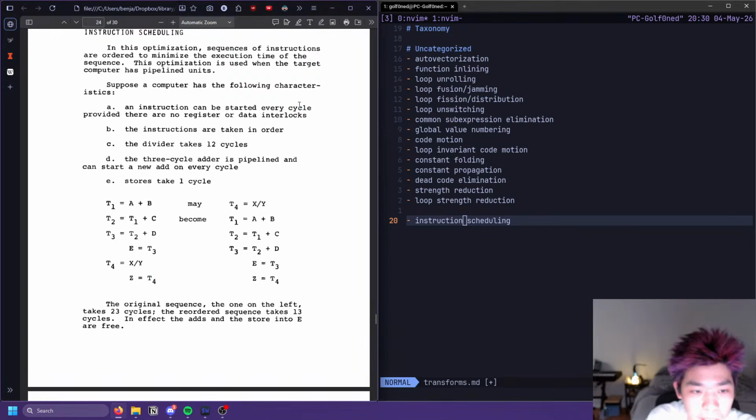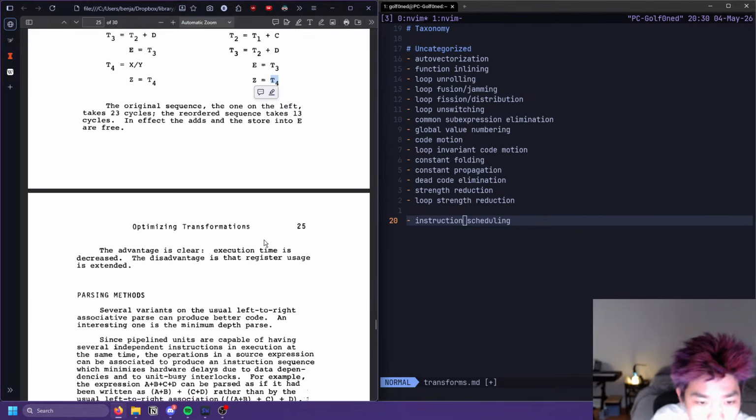We can start every cycle. Okay. So we start the long one first. And then these all run. So these take, this is what? 6 cycles here. So that goes to 9 and 10. And then we're waiting for this. So that's how we get to 13. I guess that makes sense.